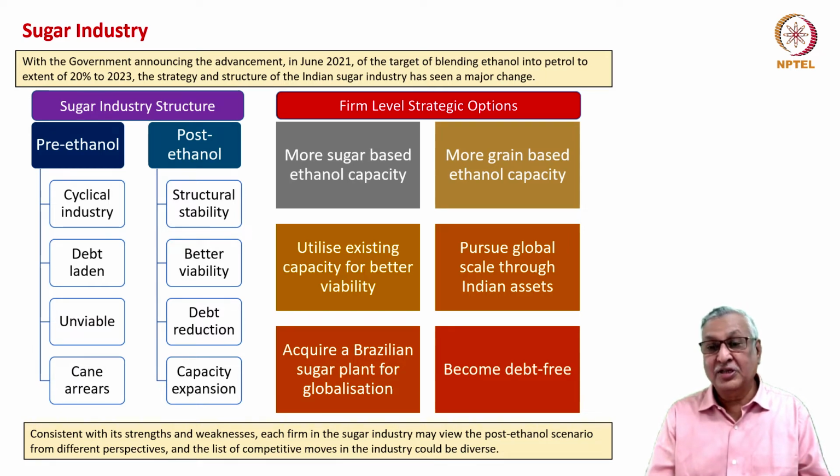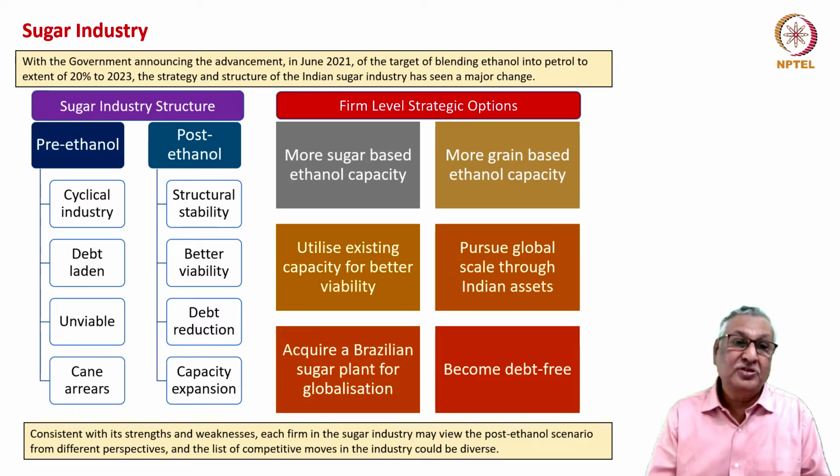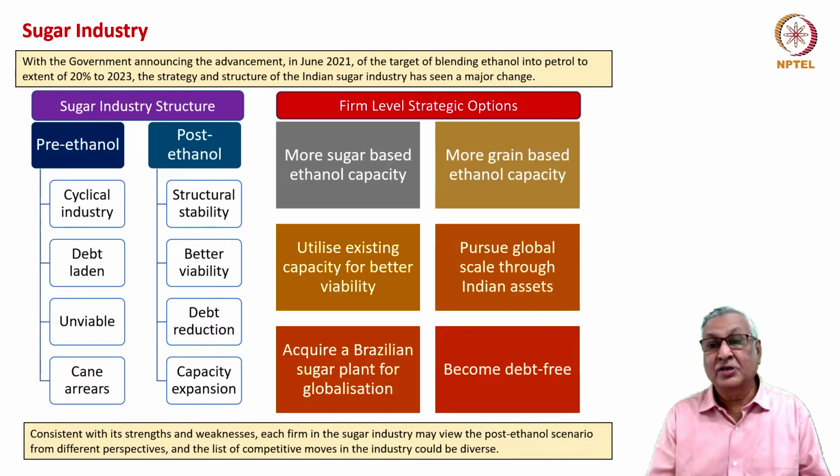Some sugar mills may decide that they would go in for grain-based ethanol capacity to supplement. Oil companies themselves may get into ethanol production, and they may set up or encourage setting up of grain-based ethanol capacity. Many of the companies certainly would utilize existing capacity for better viability, and they would also pursue global scale through Indian assets.